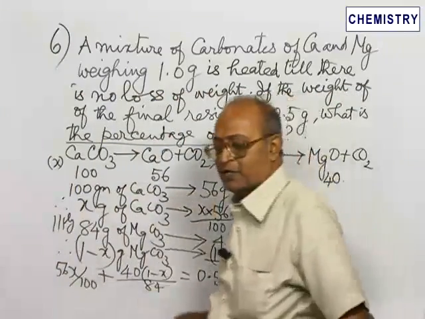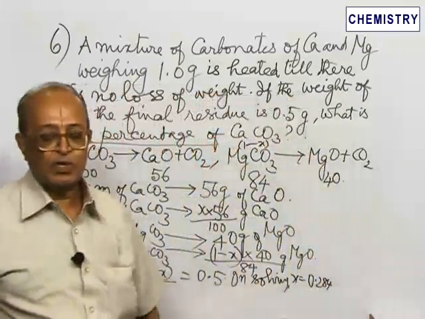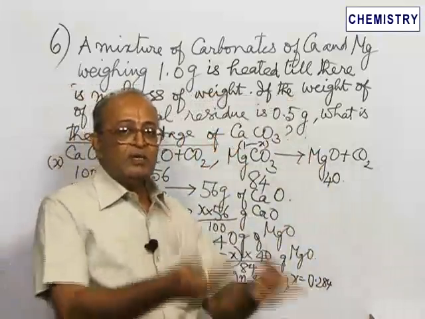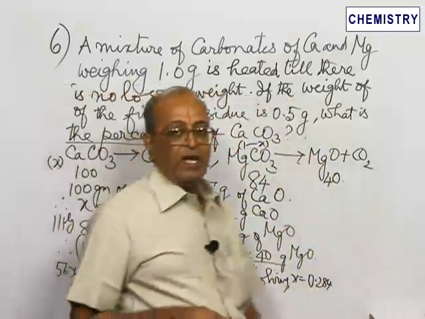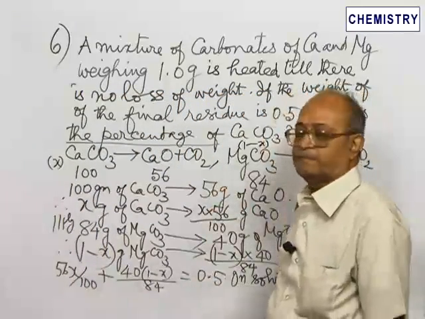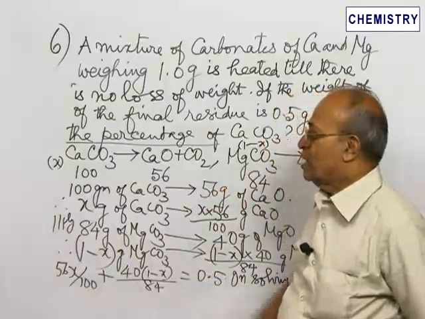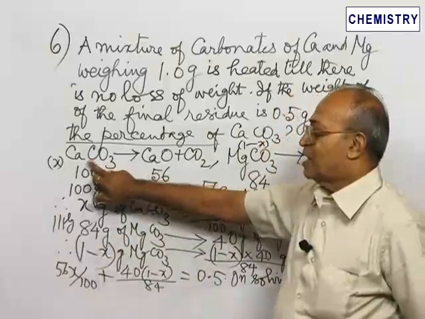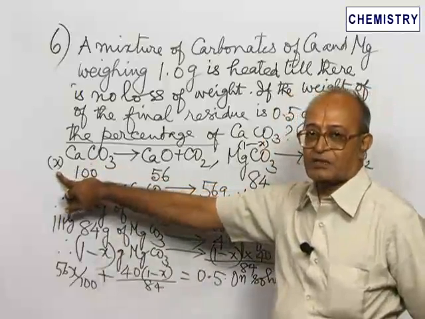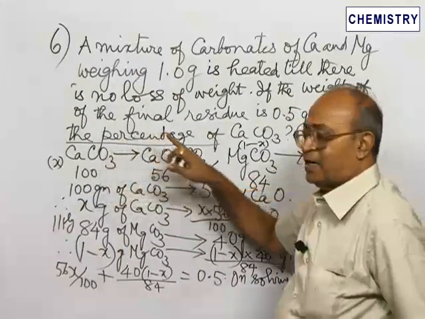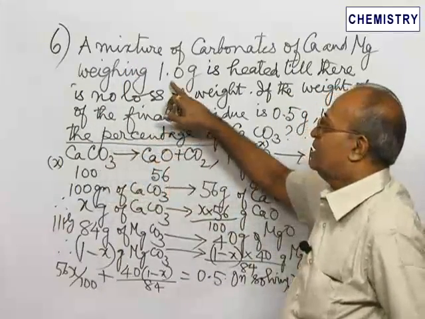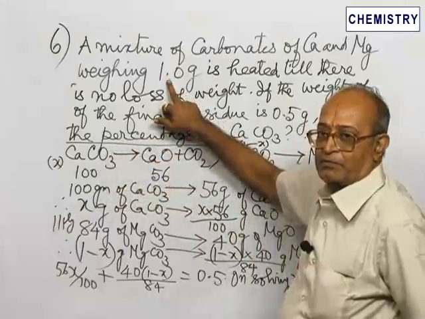Now find the percentage composition of CaCO3. If you know this, the remaining percentage will be that of magnesium carbonate. Now I assume the weight of calcium carbonate to be X. It is given calcium carbonate plus magnesium carbonate weight equal to 1 gram.